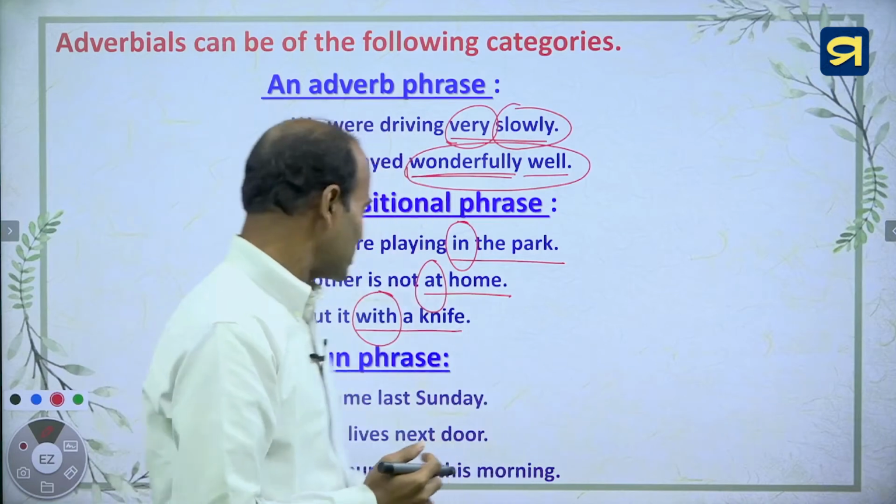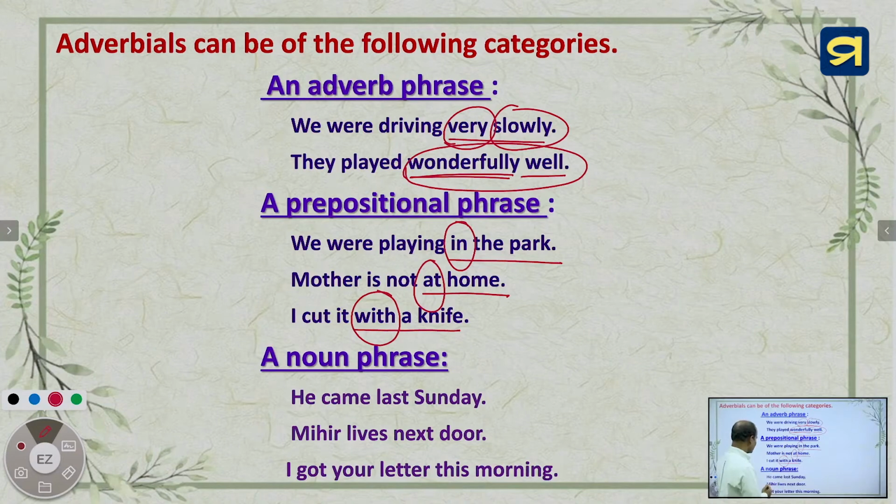Okay, my dear students. Next, he came last Sunday. So here, if you put a question, when did he come? You will get the answer. What? Can you say? Yes, you are right. Last Sunday. You can say that this is an adverb of time.